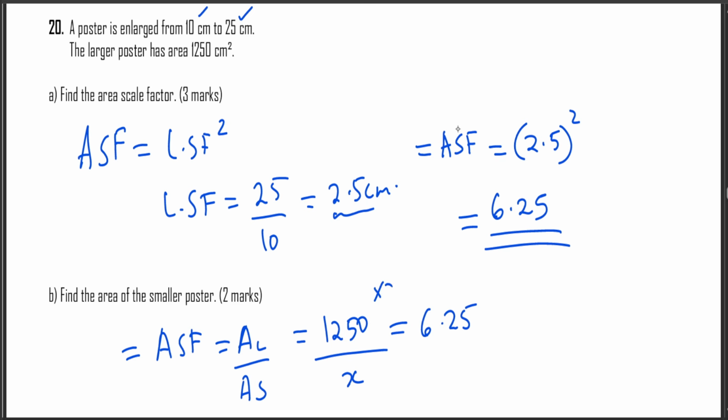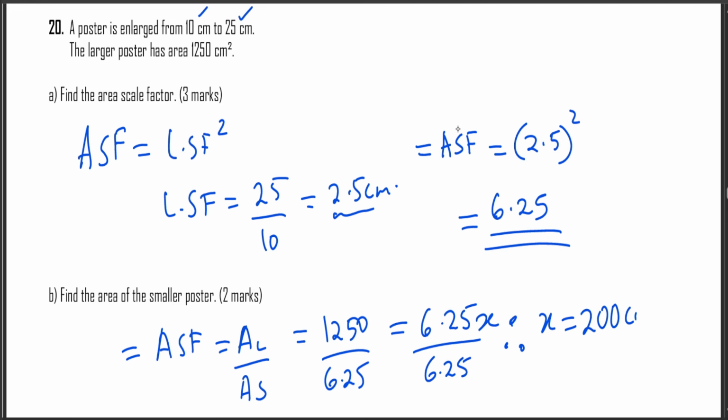So we remove the x by multiplying x to this side, and therefore this cancels out. And 6.25 times x gives you 6.25x. Now let's divide by 6.25, and therefore x is equal to 1250 divided by 6.25. It gives you 200. So 200 centimeter square is our answer.